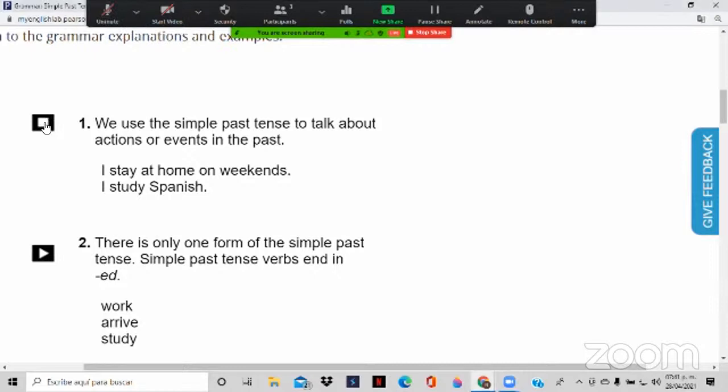We use the simple past tense to talk about actions or events in the past. I stayed home on weekends. I stayed at home last week. I study Spanish. I studied Spanish.